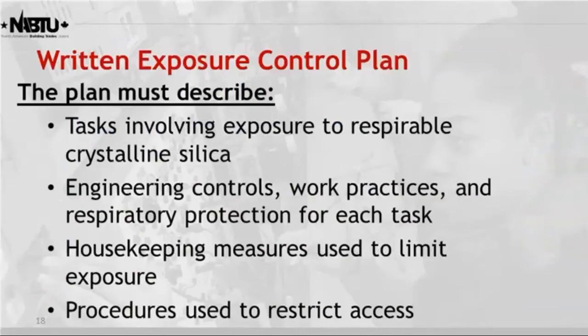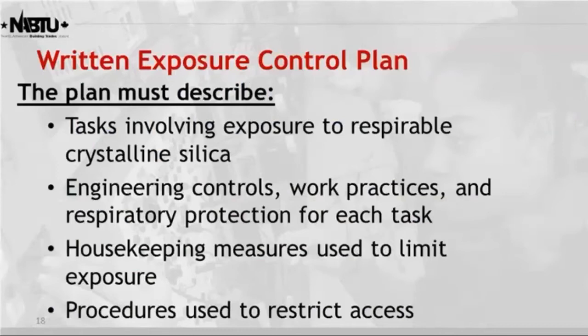So, because of the new standard, which is designed to protect the workers, all employers must develop and implement a silica control plan. The trigger is 25 micrograms per cubic meter. The maximum exposure limit is 50. But an employer must describe in the plan all the tasks that involve exposure.